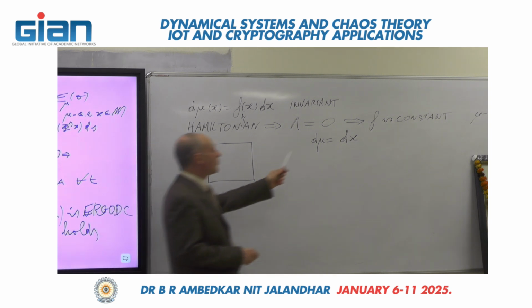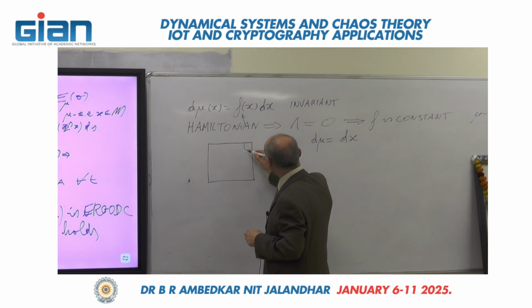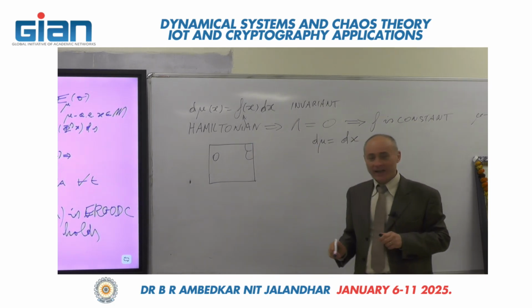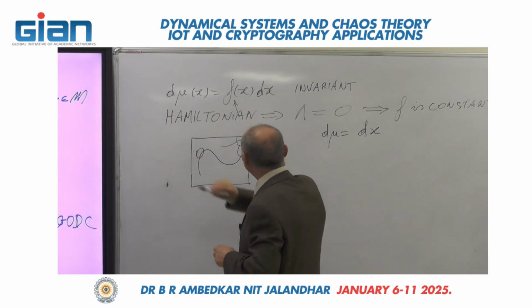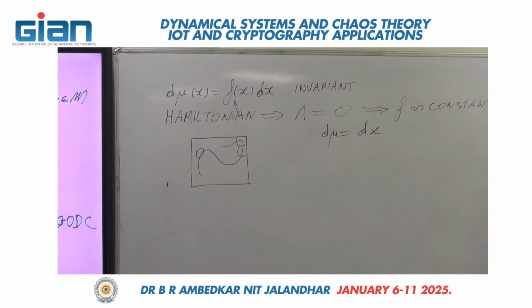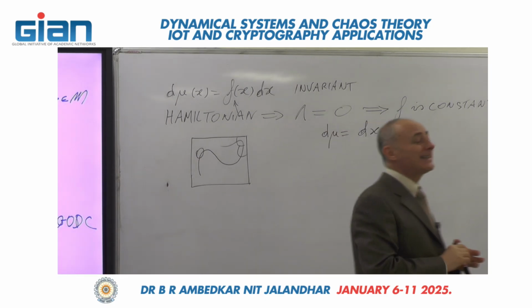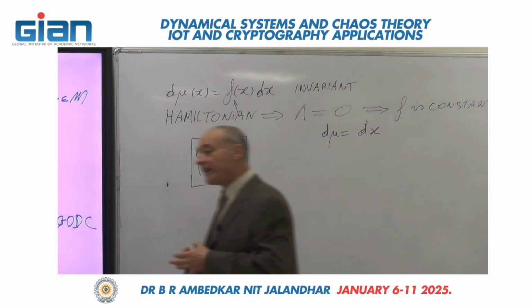So if my measure is dx, it means that if I take any open set, placed anywhere you like, your trajectory will go through it and will spend a certain fraction of time in that set that is equal to the measure of that set. So that means that trajectories are dense in the phase space.